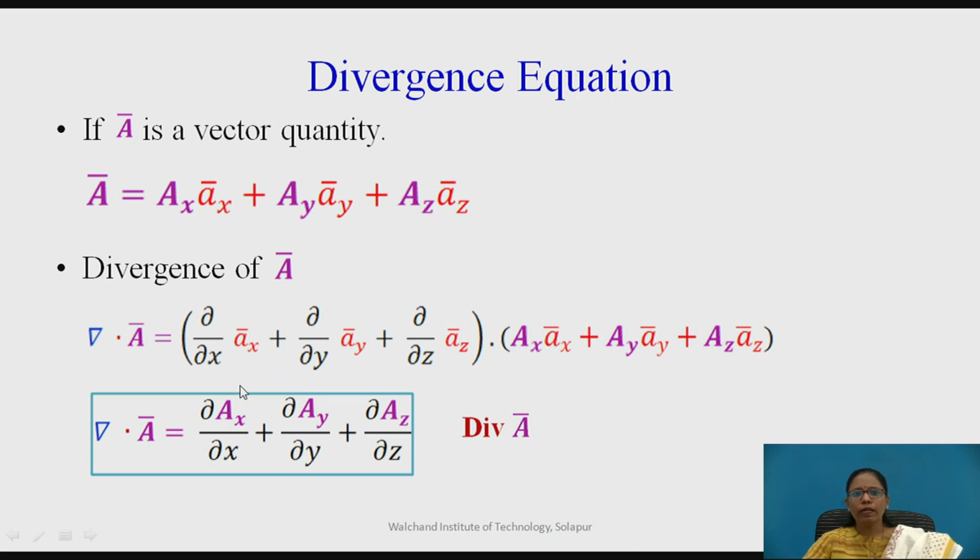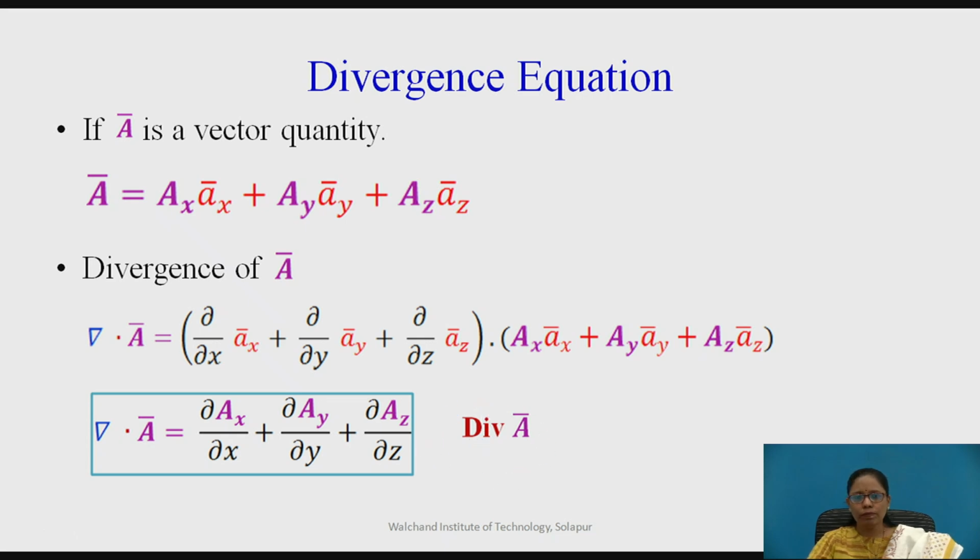As we know that the ax dot ax is 1, ax dot ay and ax dot az will result 0. So self dot product is giving result. With others it is giving 0. So my answer of del dot a bar is dou ax by dou x plus dou ay by dou y plus dou az by dou z, which is called as divergence of a bar.